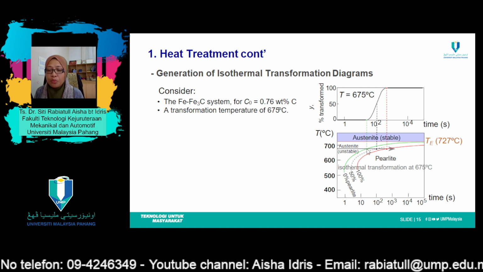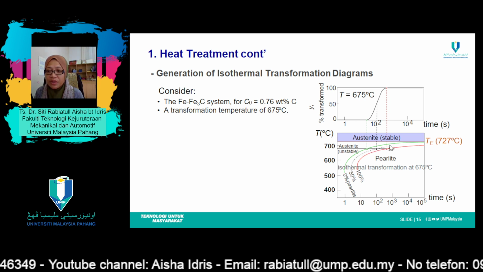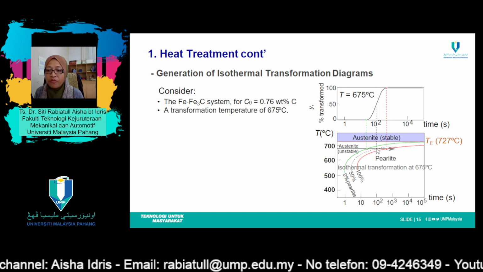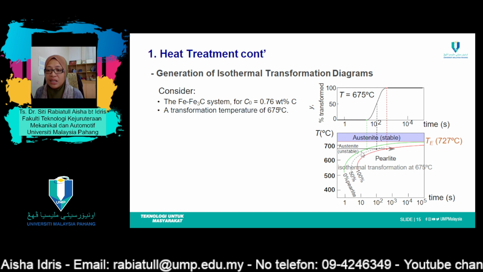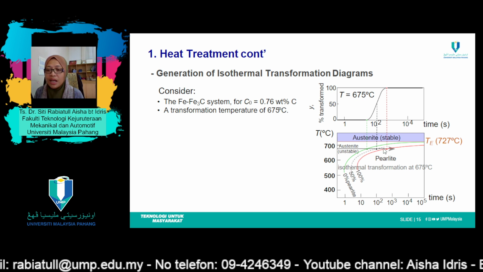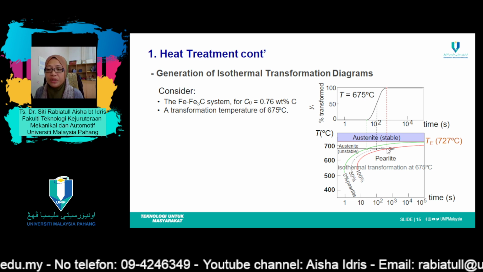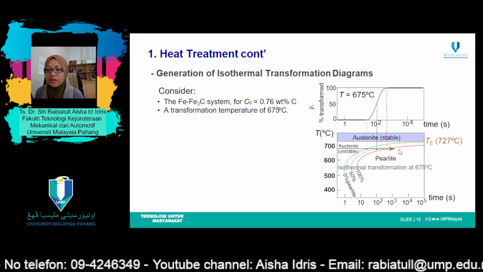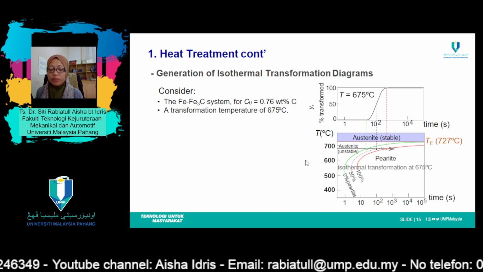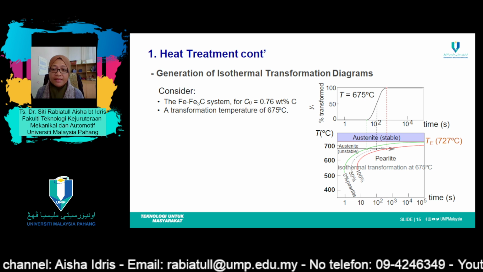Initially it will form 0% pearlite when it touches this green line, and after a certain time it will form 50% pearlite once it reaches this dotted curve. A longer time will produce 100% pearlite when it reaches this red curved line over there. So basically, we can control the transformation of the microstructure of that steel.